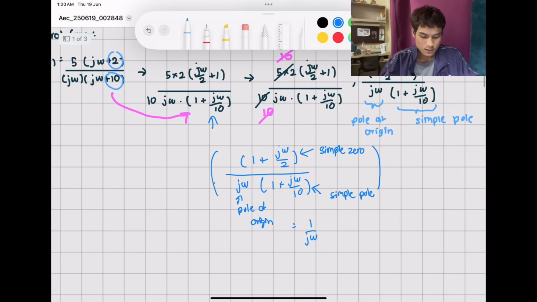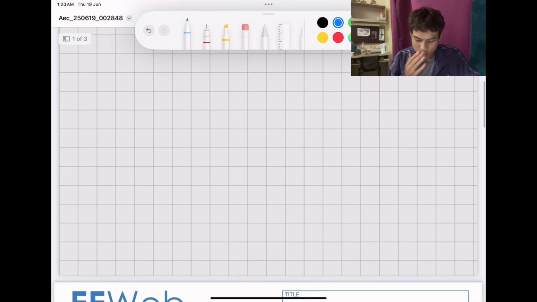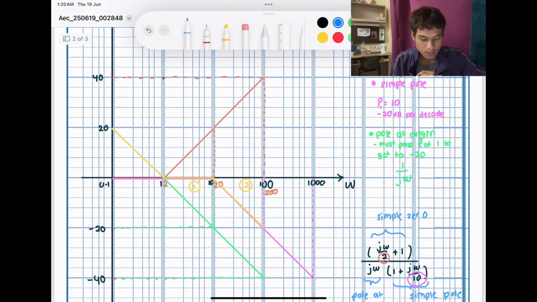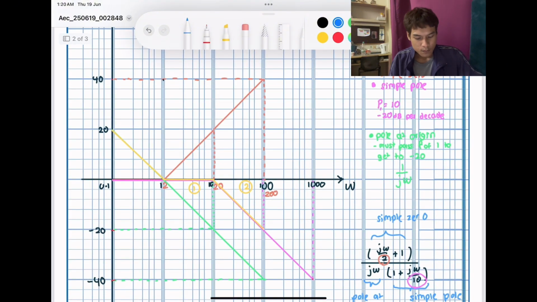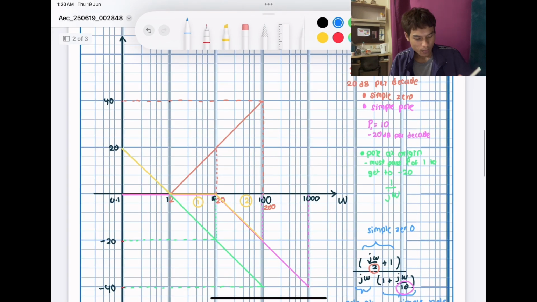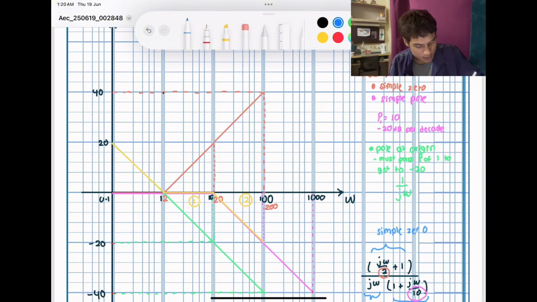So now we will start with our Bode plot. The step for the Bode plot is that you need to simplify one by one. First, we will start with the simple zero. From the simple zero function, you will get that the zero is equal to 2, and it will increase 20 decibels per decade.